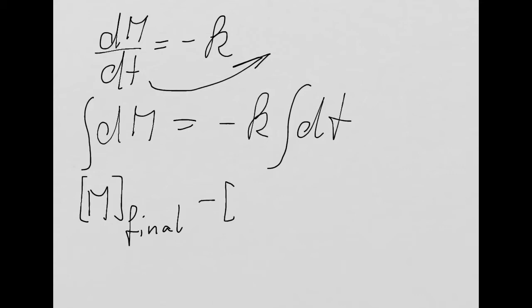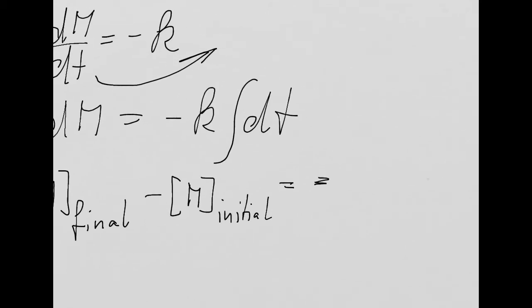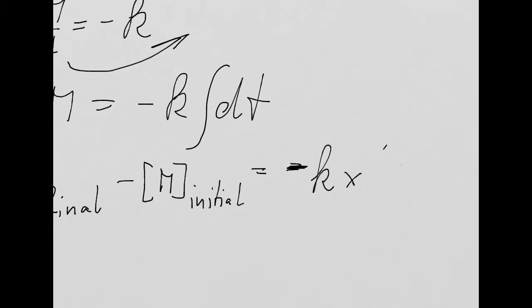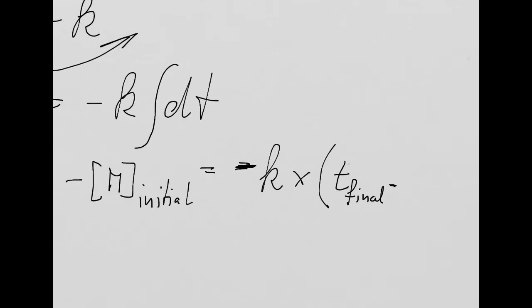Minus the concentration of Maltesers that you start with, that's the initial concentration, equals minus k times T final minus T initial.